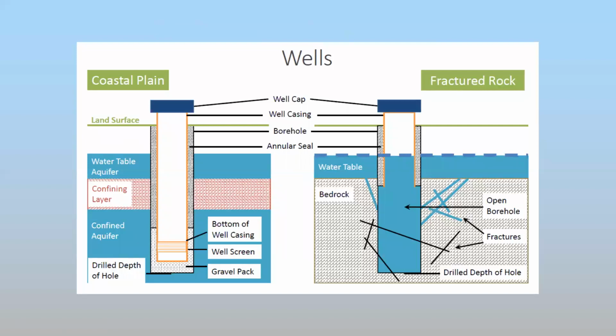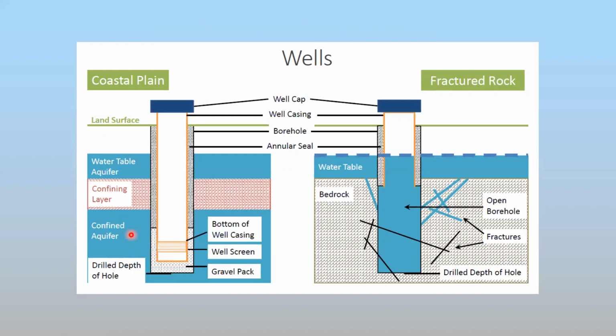Now, the wells that we drill will vary dependent upon that geology. So on the left here, we have a coastal plain well that shows the well is drilled down into the confined aquifer.